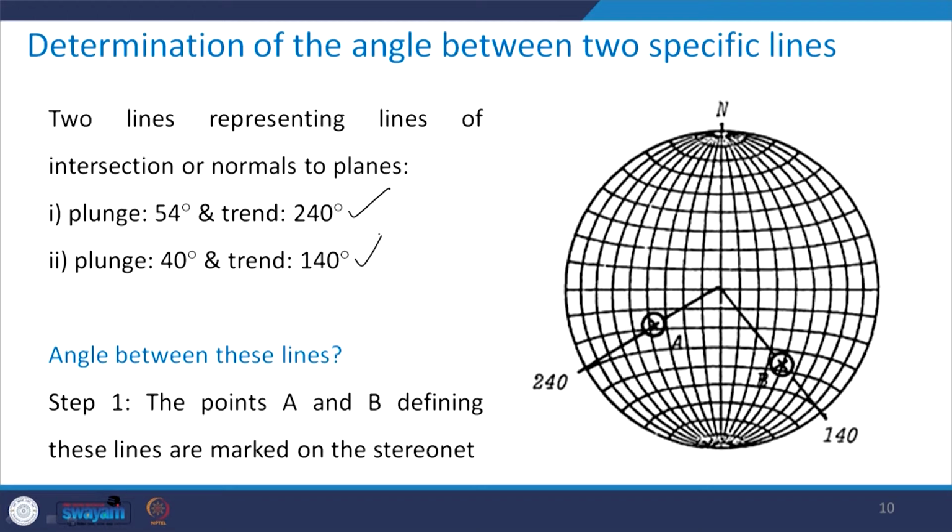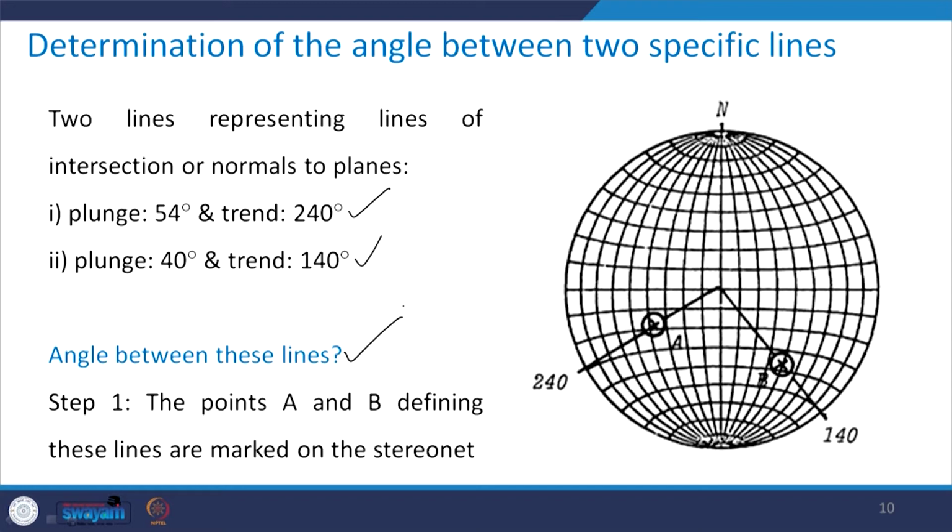These two lines may represent the axis of a tunnel or anything, or they can be the normals to any planes. Now, the question is how to determine the angle between these lines. That is the question whose answer we are going to find out in subsequent slides.